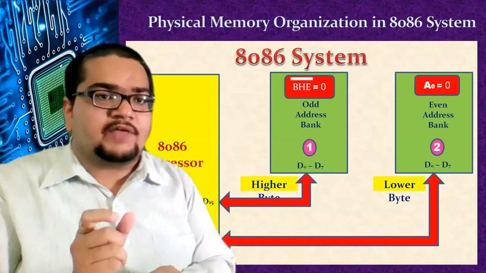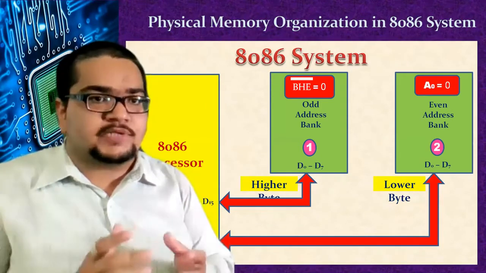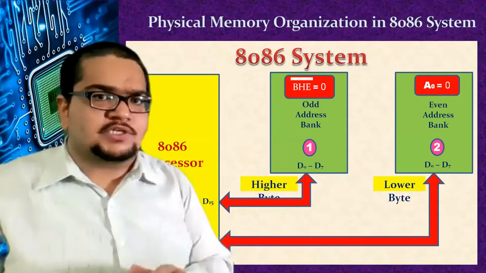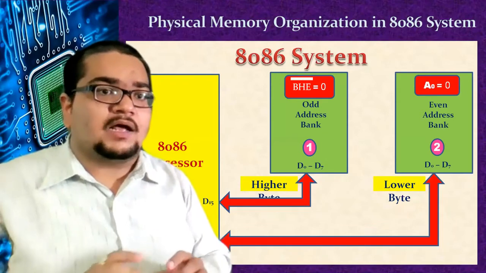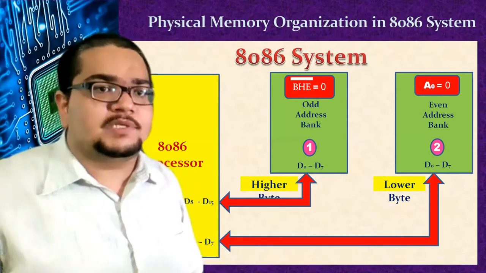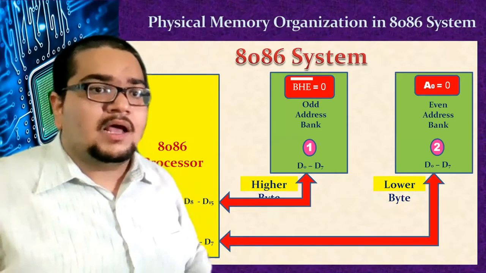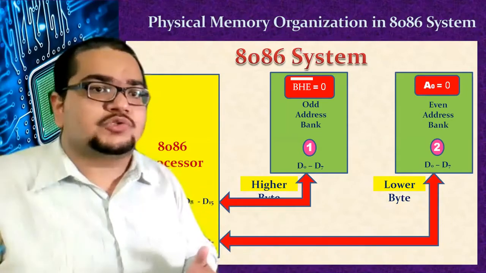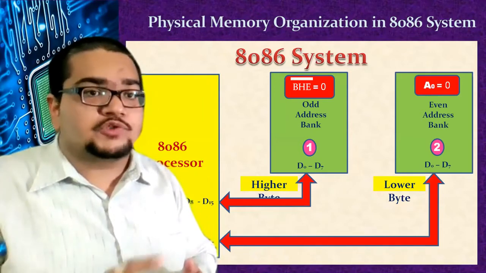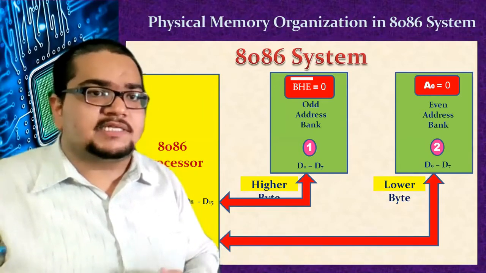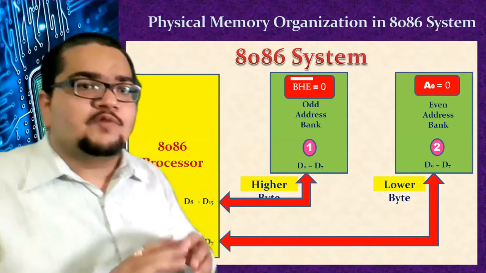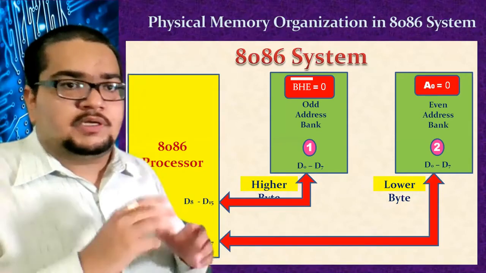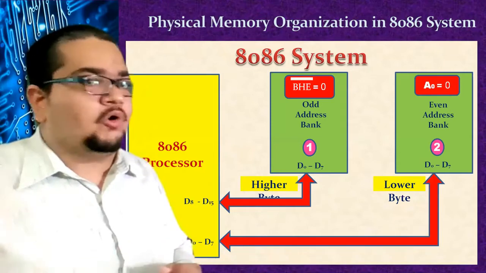So our 45 will be stored into the lower bank. Suppose the address is 00000, 5 zeros, the starting location of the memory. There the data byte 45 will be stored, and data byte 12 will be stored in the next location, that is 00001, because it is a 20-bit address. 5 zeros is location 0, 00001 is location number 1, and 00002 will be location number 2, and so on.